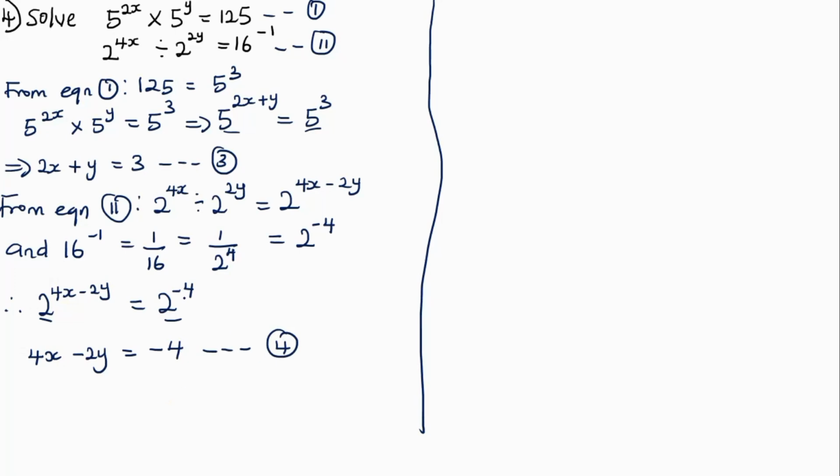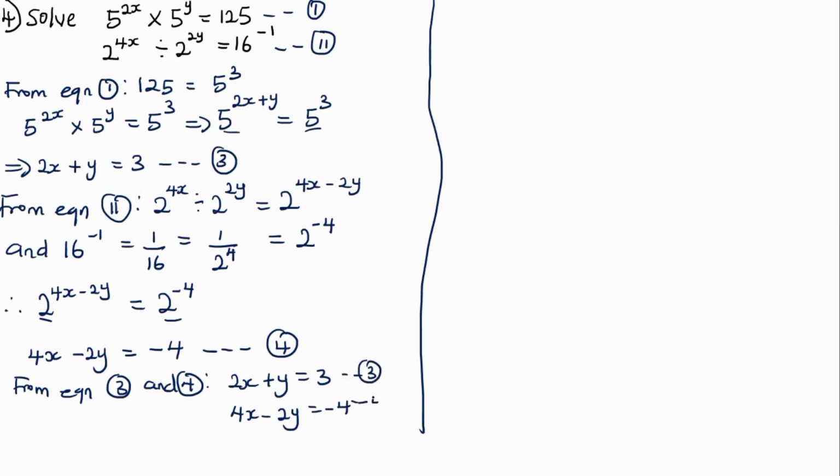So therefore, we have equations 3 and 4. From equations 3 and 4, we have 2x plus y equals 3, and we have 4x minus 2y is equal to minus 4. This is equation 3 and this is equation 4.